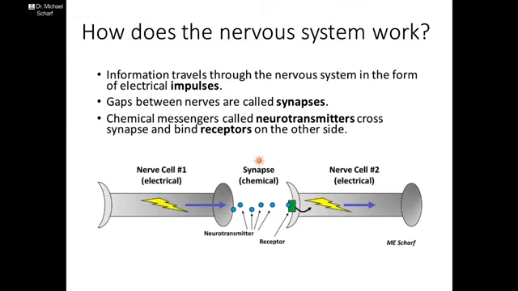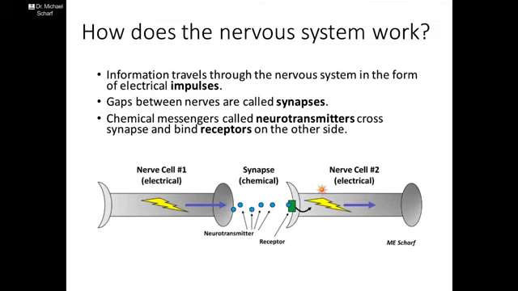These gaps are called synapses, and neurotransmitters cross those and bind receptors on the other side and meet up with another neuron, which then transmits that into electrical energy that moves down the neuron again. And this process of electrical to chemical to electrical is happening as fast as the speed of light, if you can actually comprehend that.